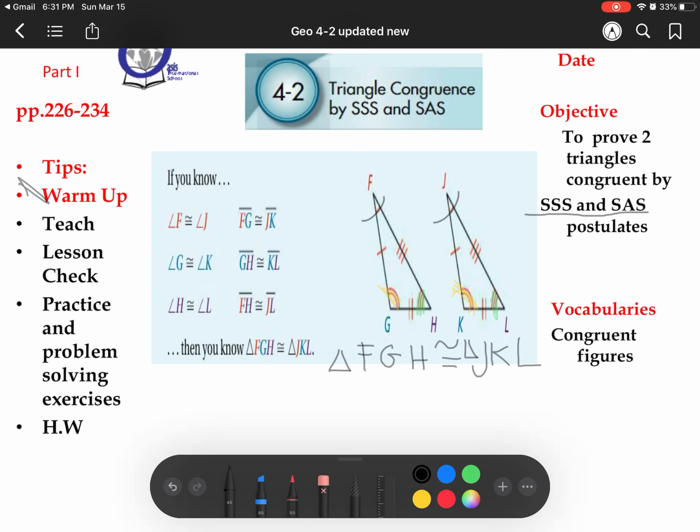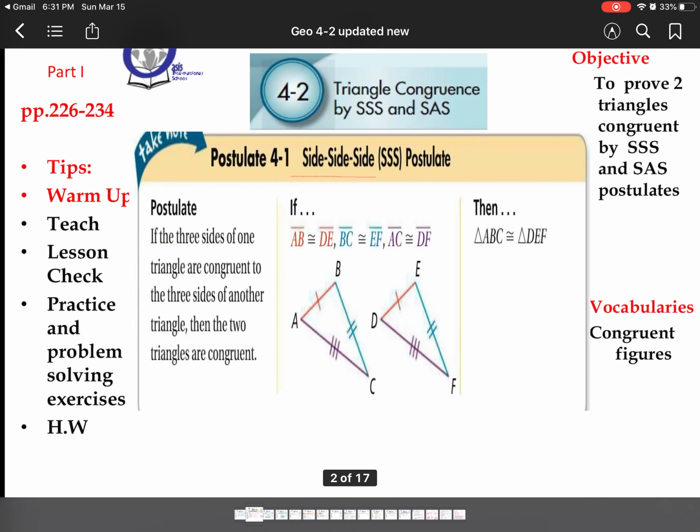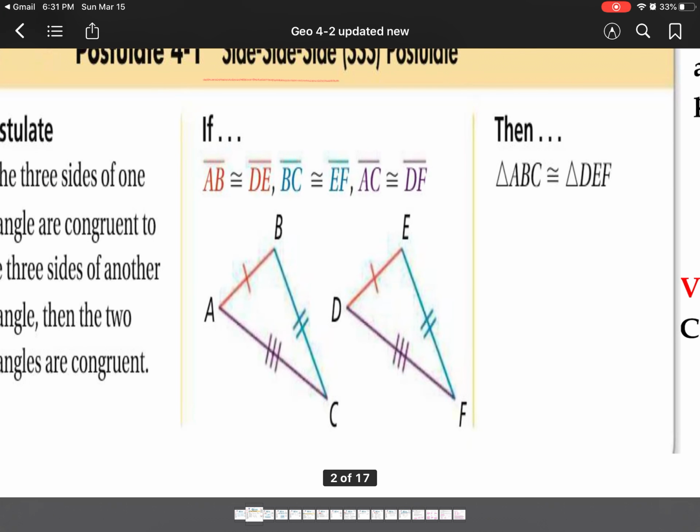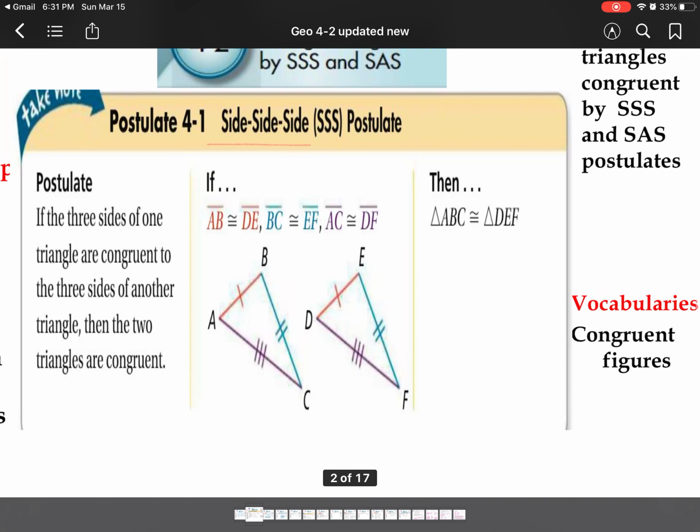We will learn today that we can have enough by having the 3 side pairs, or we'll talk about it later. So we'll start with the side postulate.